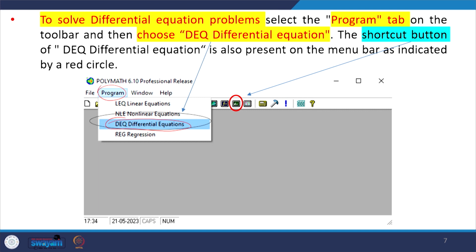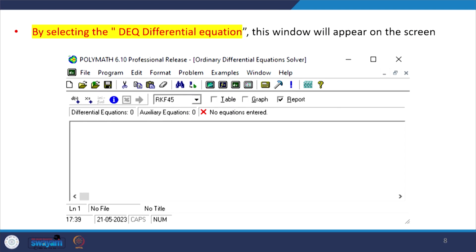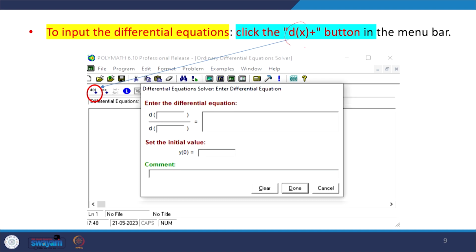We can choose these buttons, or else use this shortcut button, dx, which means differential equations solve. By clicking on dx plus, this type of window will appear.